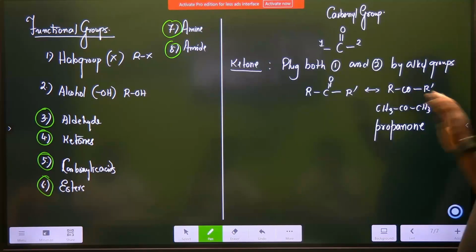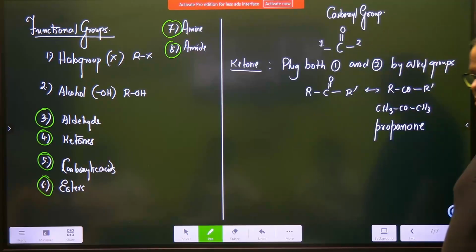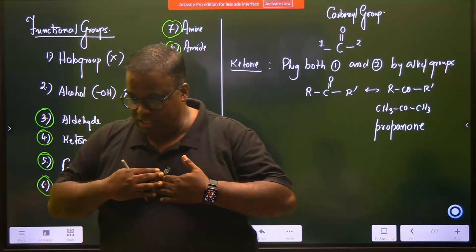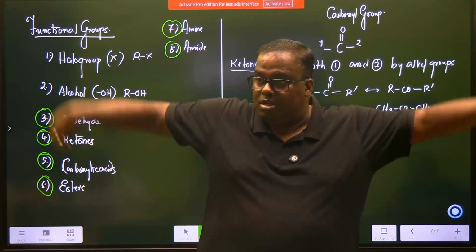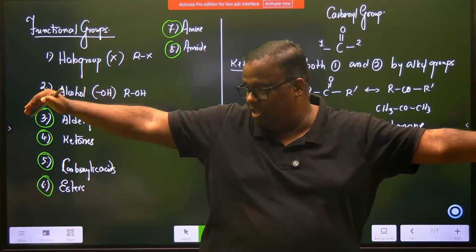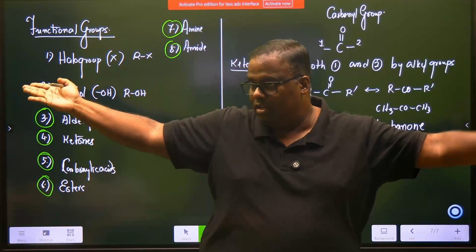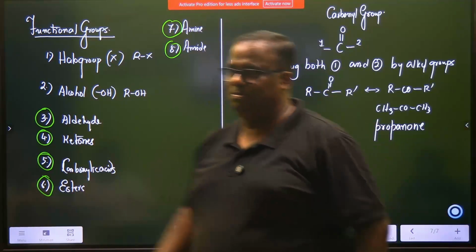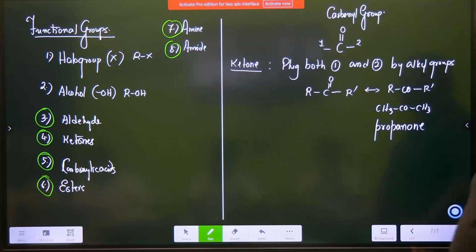Propanone. You can't get ethanone. How will you do ethanone? Because ketone is C double bond O, I am a little teapot with 2 handles. If you bring 1 carbon here, 1 and 2 are already there, you have to plug this also, right? 1 more carbon, propanone. Sufficient, this much is what you need to know.